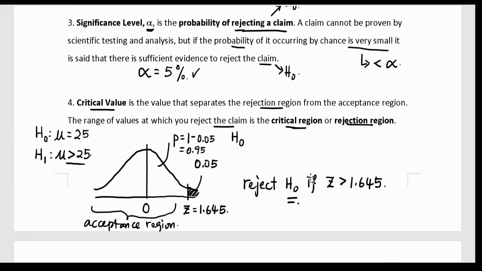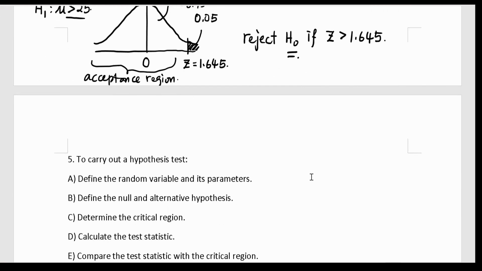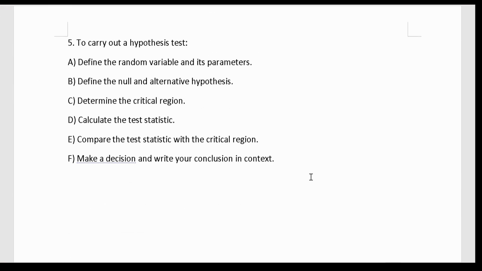So now we move on to point 5. In order for us to carry out a hypothesis test, we follow these steps here, A until F. First, we define the random variable and its parameters. Second, define the null and alternative hypotheses. Third, we determine the critical region.